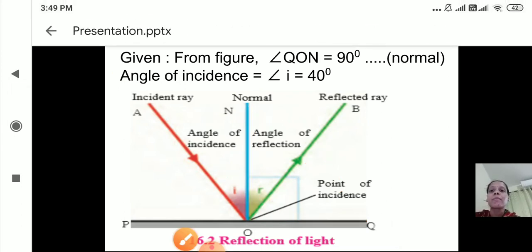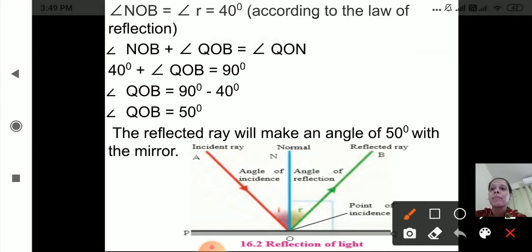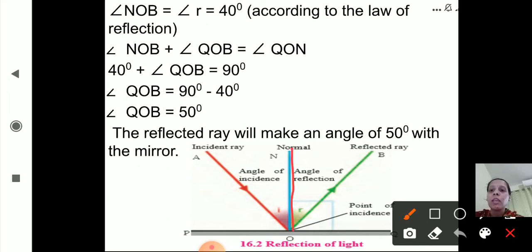So the next step is angle NOB. See, angle NOB is equal to R is equal to 40 degree. NOB is equal to R, right? This is angle of reflection R, and this is angle of incidence I, and angle of incidence is given 40 degree, right? So if the angle of incidence is given 40 degree, then what will be the angle of reflection? Angle of reflection also 40 degree. Why?